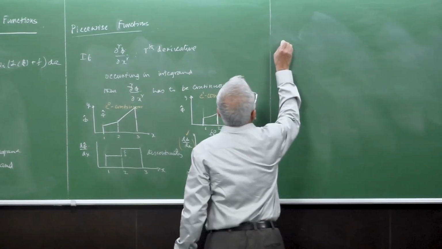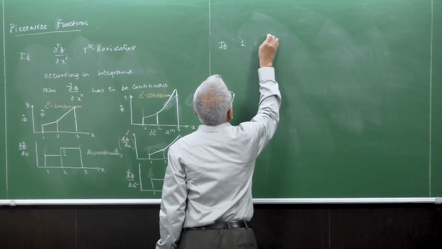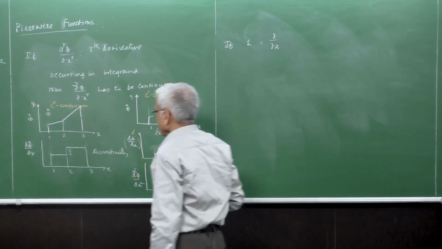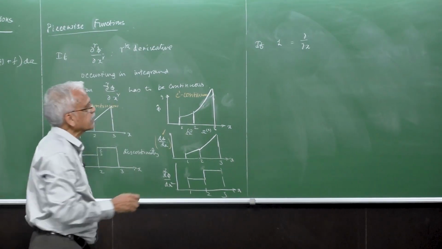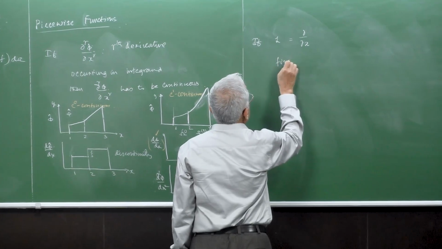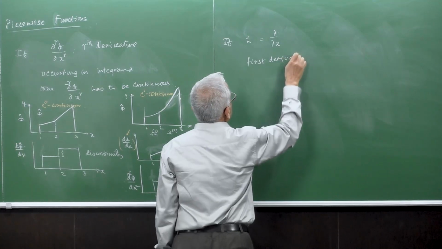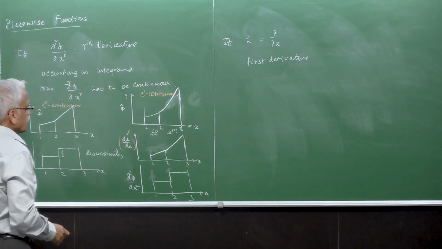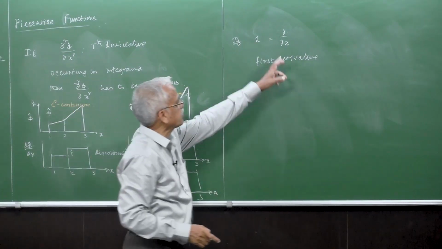So the question now, coming back to this discussion, is: let us say if L has a first derivative like this, then the first derivative has to be continuous.